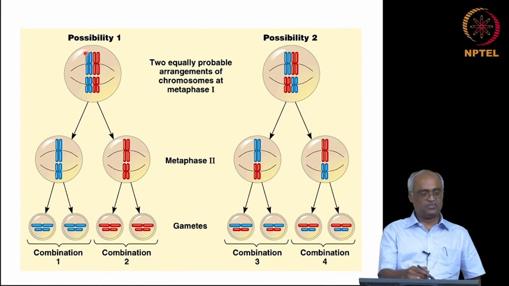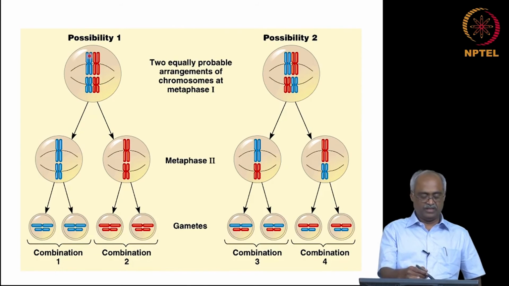So this is chromosome 1, which is duplicated, therefore two sister chromatids are together here, and let us say this came from your mother, the blue color, and this red came from your father, both are duplicated.